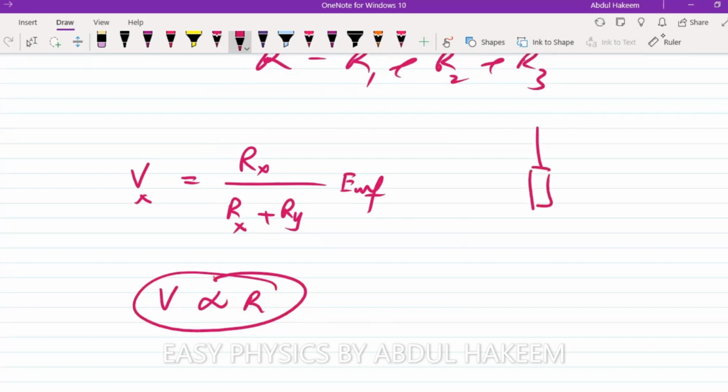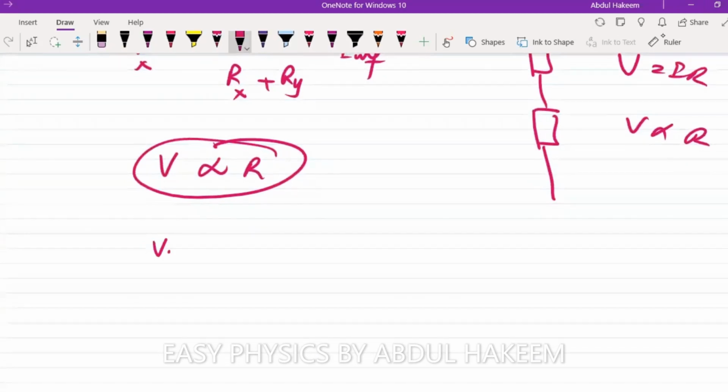When two resistors are connected in series, they have the same current, V equals IR, so voltage is directly proportional. In a potential divider, the ratio between the two voltages is exactly equal to the ratio between the two resistances, and resistance is directly proportional to length L.